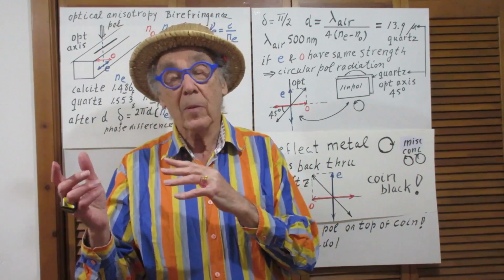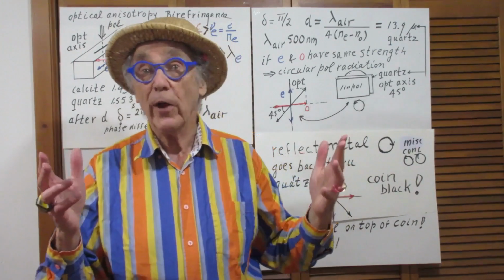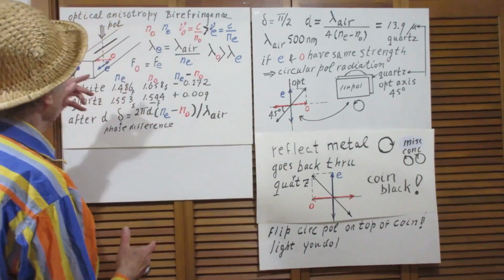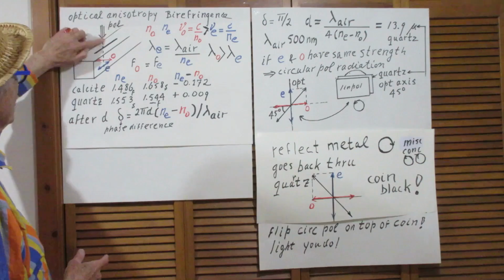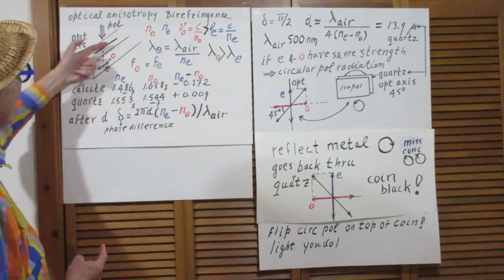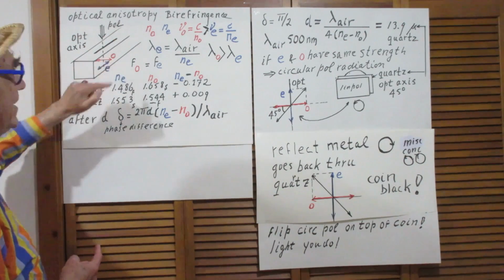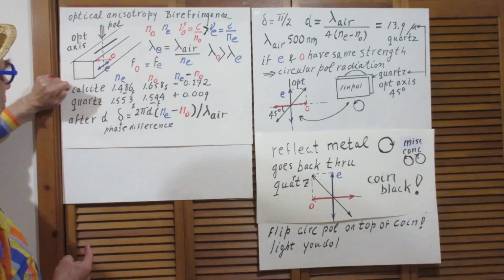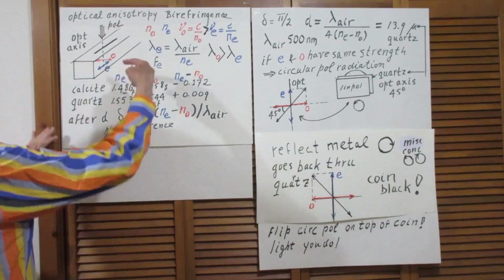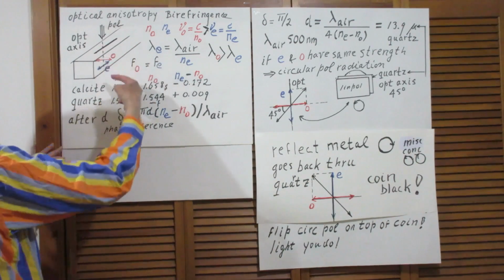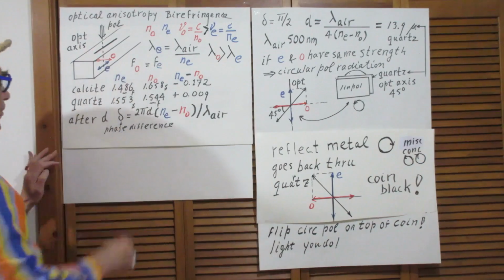But one component could be way larger than the other. Suppose the linear polarized light that you shine in is in this direction, then there is not even any O component, there is only an E component. Or suppose you were shining it in this direction, well then there would only be an O component and no E component.